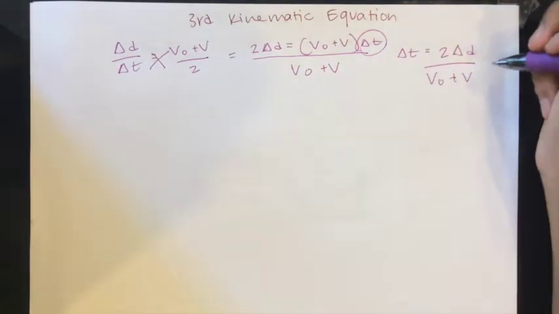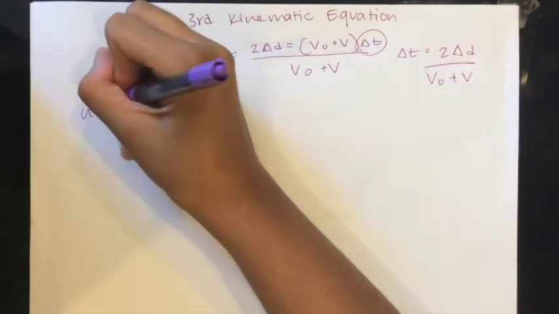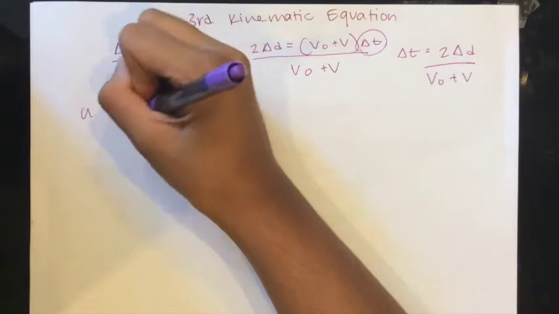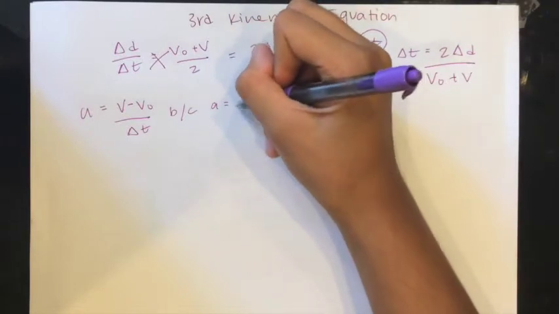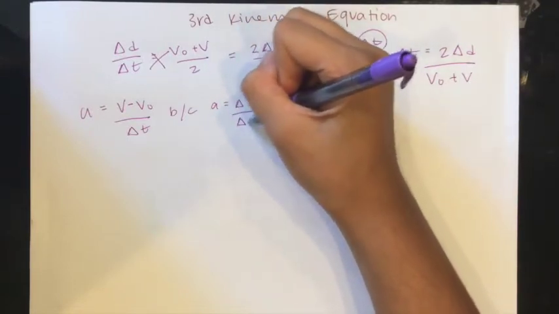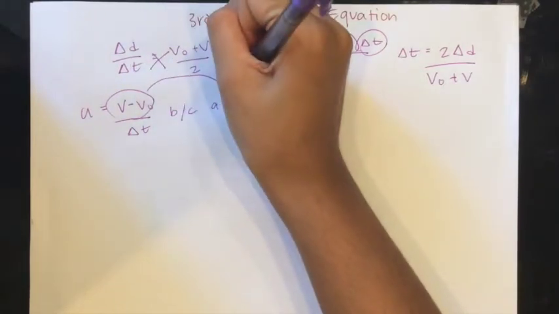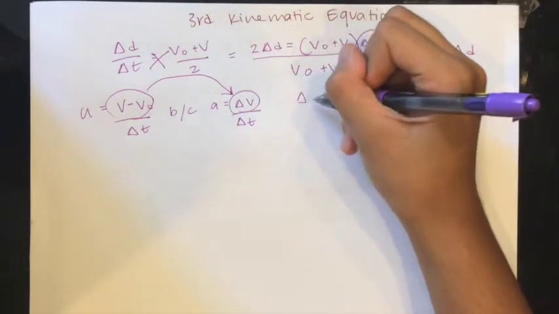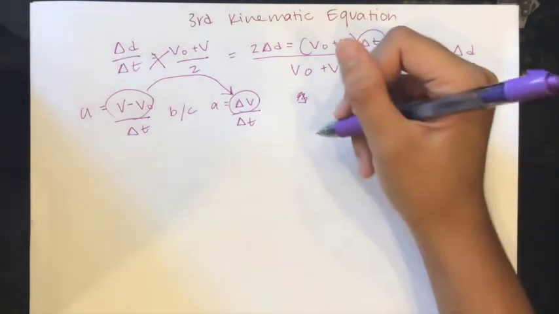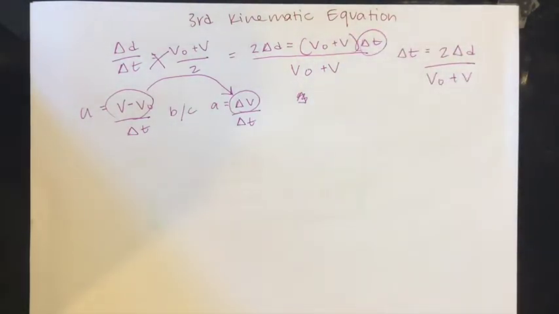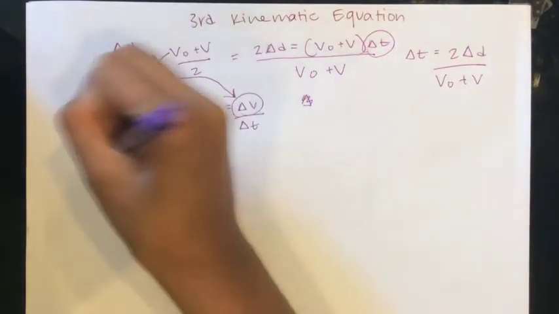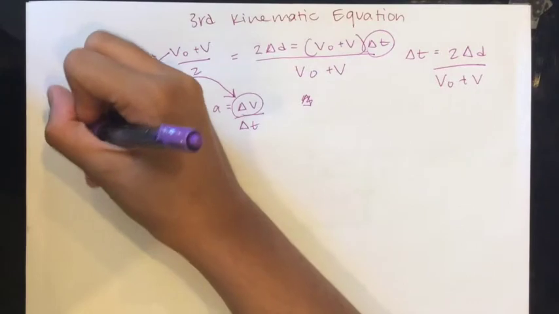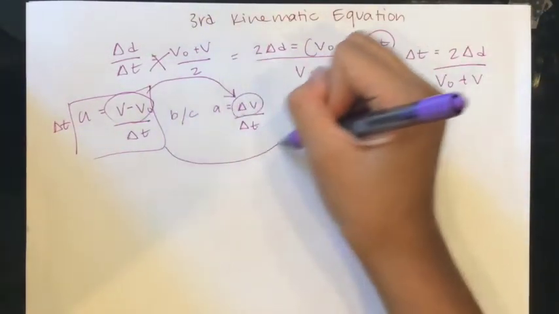We know that acceleration equals (v minus v naught) over delta t, because acceleration equals delta v over delta t. If we want to get delta t by itself using this, we multiply both sides by delta t.